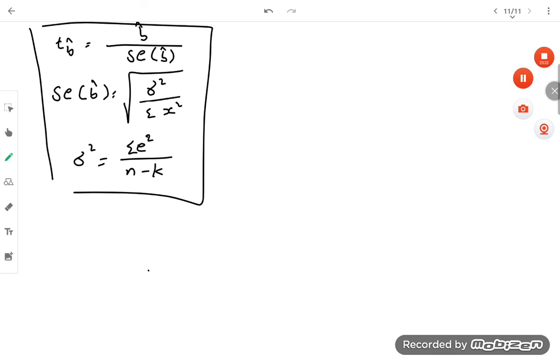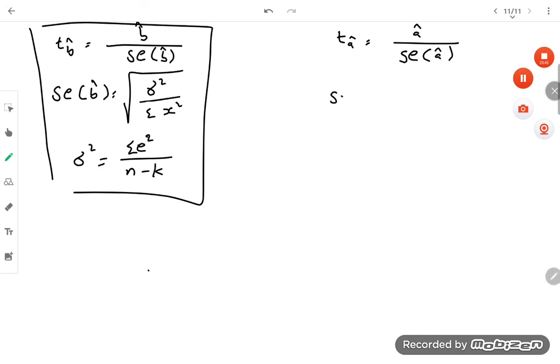Now I would like you to do the same with respect to A. T ratio of A is calculated as A hat divided by standard error of A hat. But there are some changes with respect to standard error of A hat.